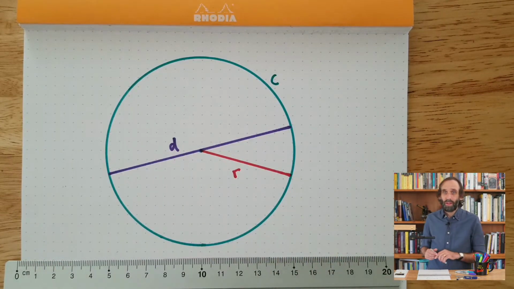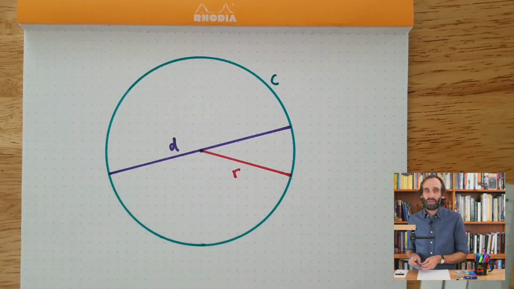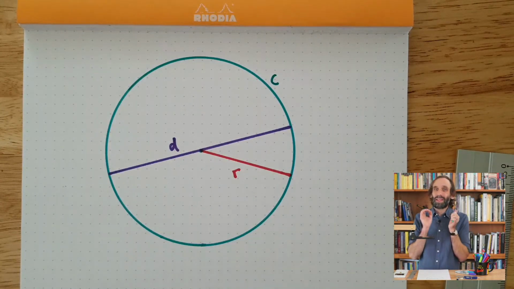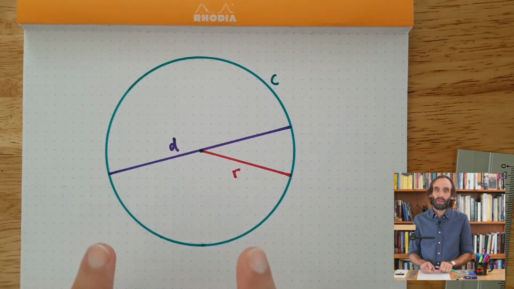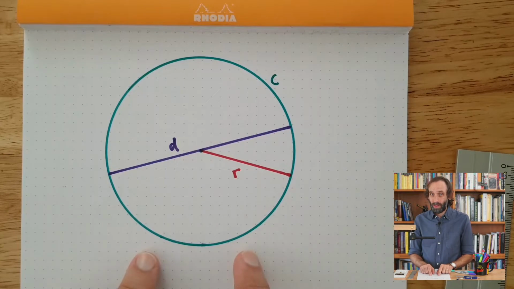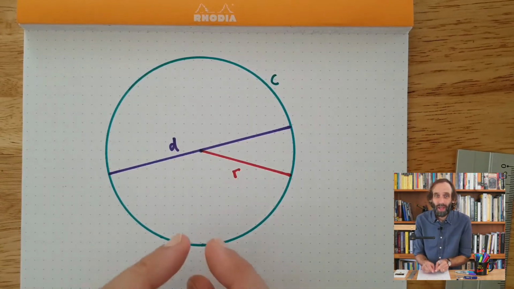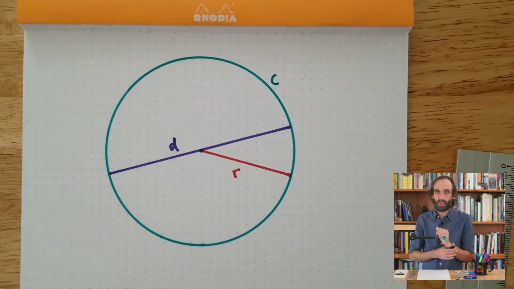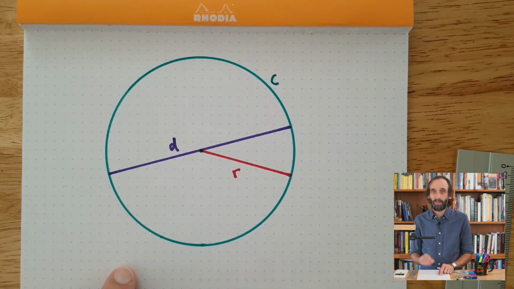Now, interestingly, to measure the circumference, we actually will not come up with a technique as we did for triangles and rectangles. Instead, we will make a key assumption. We will assume that all circles are similar, whether you have a tiny little circle or a huge circle the size of the universe or something. We will assume that all circles are similar to each other, okay?